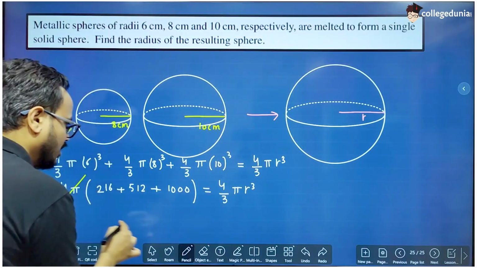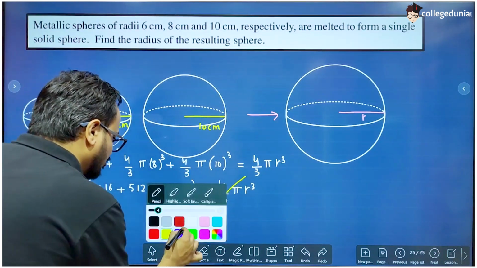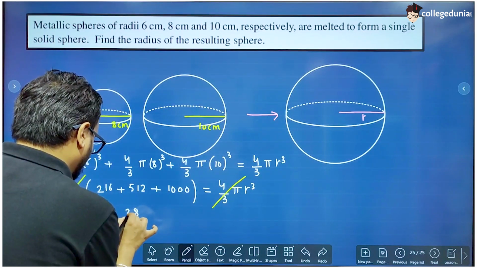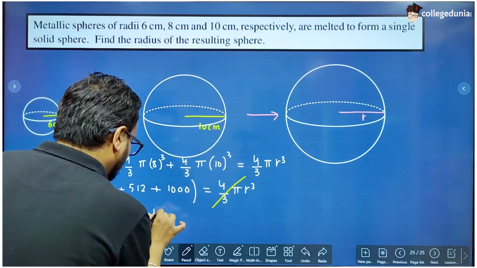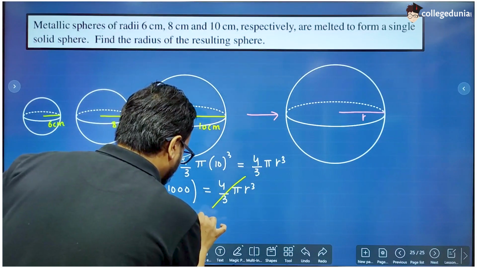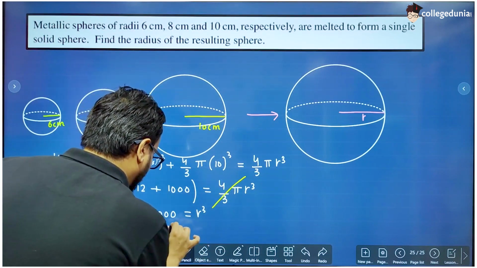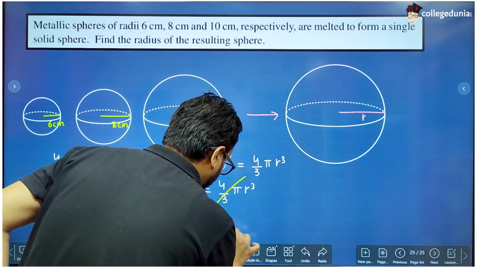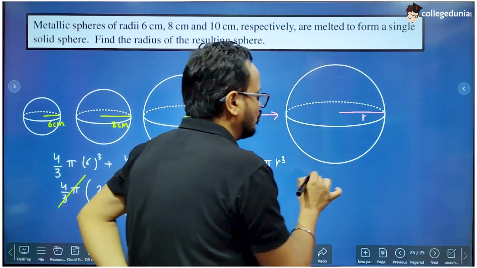So this cancels. So this is 216 plus 512 plus 1000 equals r cube. So r cube is 1728 centimeter cube.